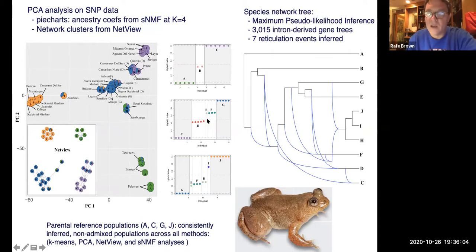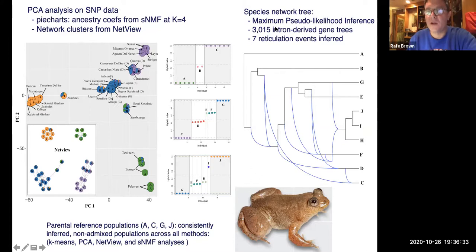And so the hybrid index maps out exactly the admixed individuals that we hypothesize might be the individuals that are combinations of different ancestry that involve different parental genomes. And the parentals shown here in NetView are these parental reference populations that are the 4 clades that seem to be entirely pure. And those ones are consistent all across the K-means, PCA, NetView, and sNMF analyses.